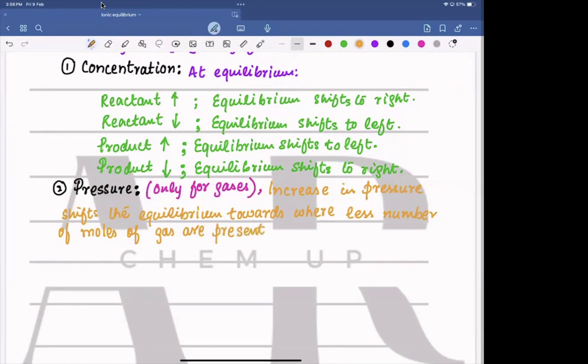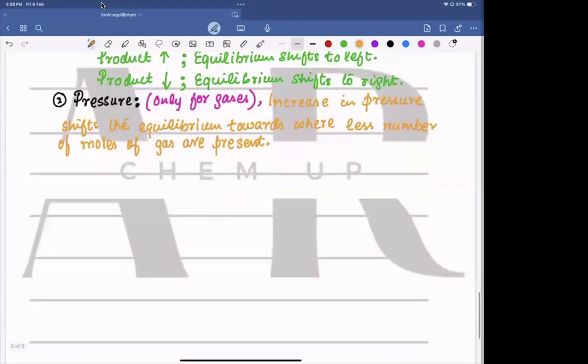If the product side has a lesser number of moles of gases, then the equilibrium would shift towards the right by increasing pressure. If the reactant side has a lesser number of moles of gases, then on increasing the pressure, equilibrium would shift towards the left. Is this understandable? Yes, sir.